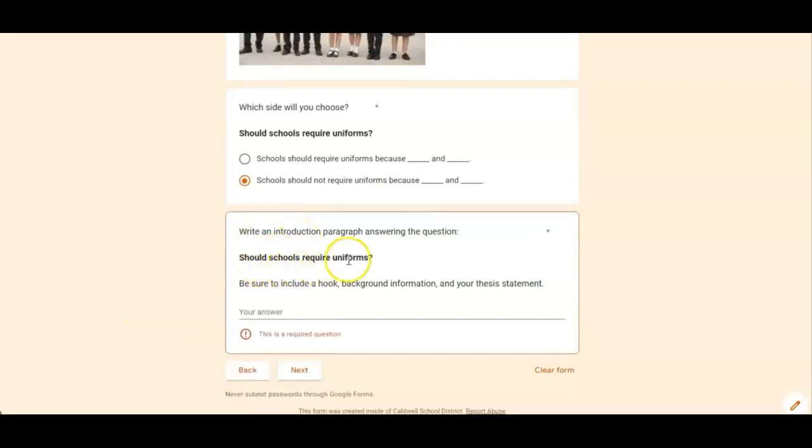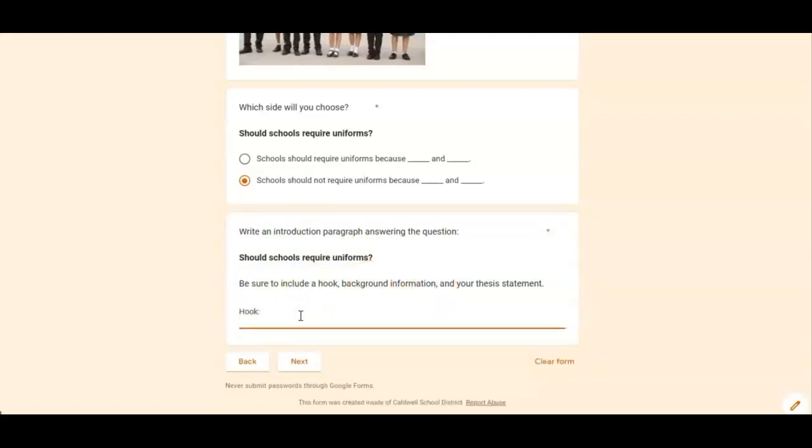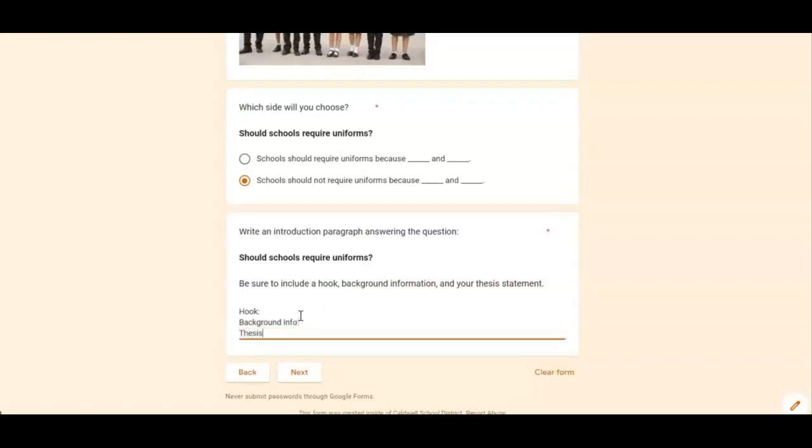Then you're going to write an introduction paragraph. Should schools require uniforms? Be sure to include a hook, background information, and your thesis statement. If it helps you, you can go like this, and type it like that. If that bothers you, you can just write it like a normal paragraph.